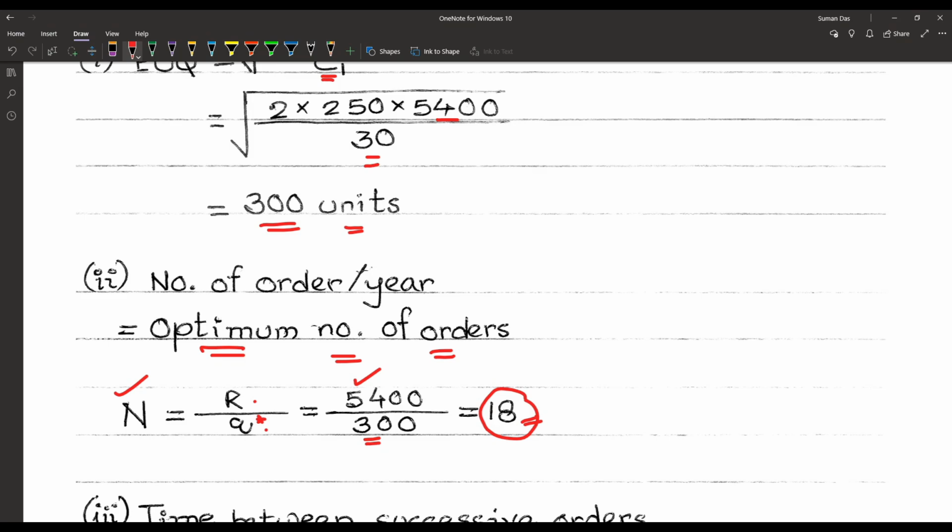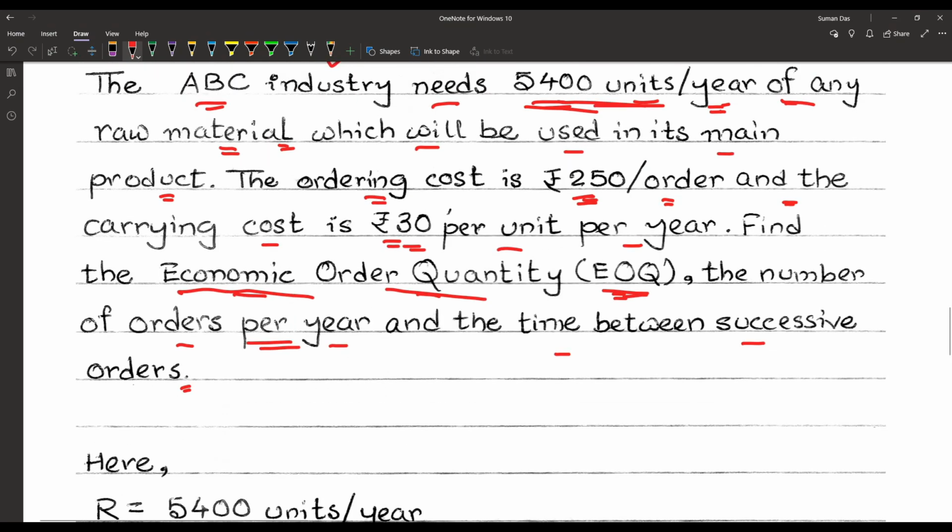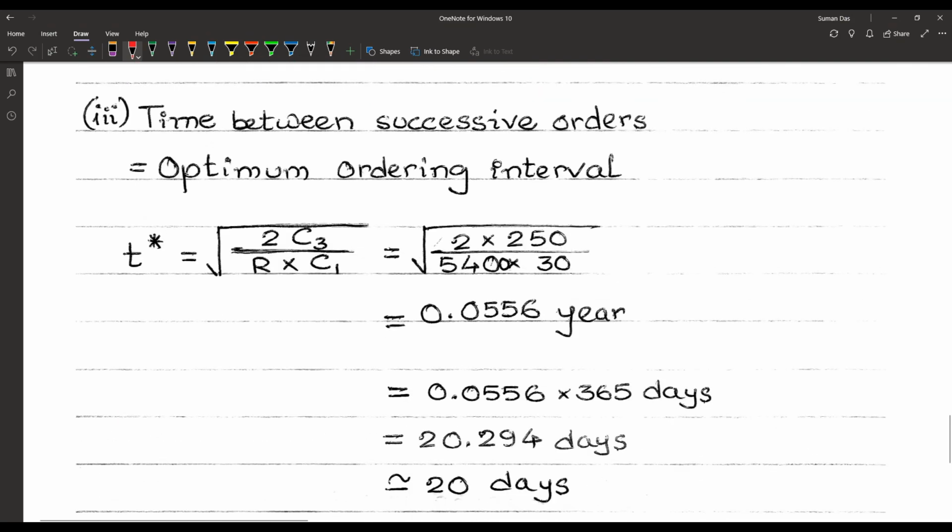Let's check the third question. Here the question is the time between successive orders, that is, the optimum ordering interval, T star. That is equal to the square root of 2 into C3 upon R into C1, which is the square root of 2 into 250 upon 5400 into 30, or 0.0556 year.